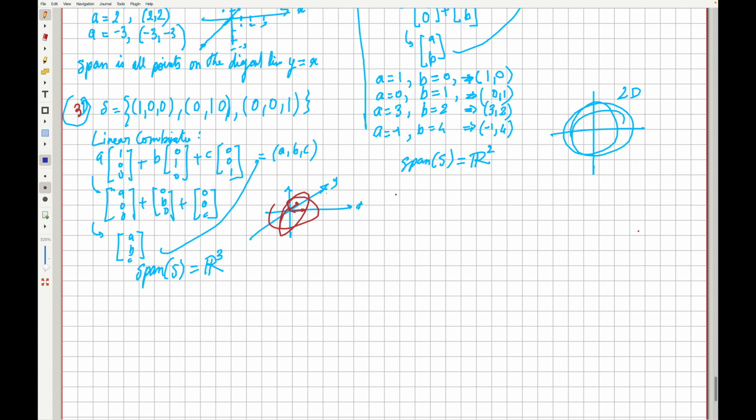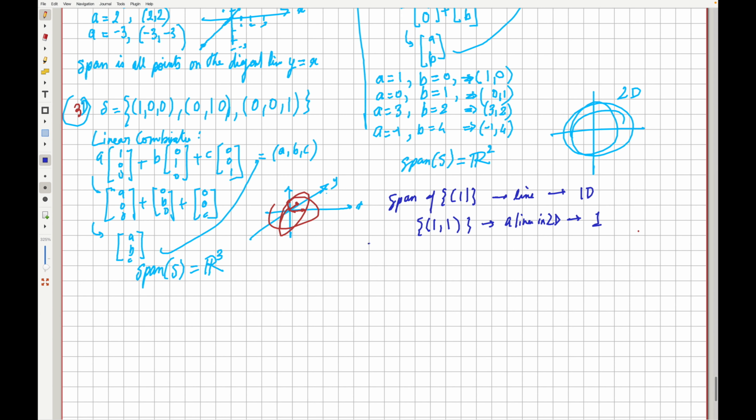So the span of the set 1 is simply a line, and the dimension is 1D. The span of 1 comma 1 is again a line, but this is in 2D, and the dimension is still 1 because there's no room for it to move around except that line.